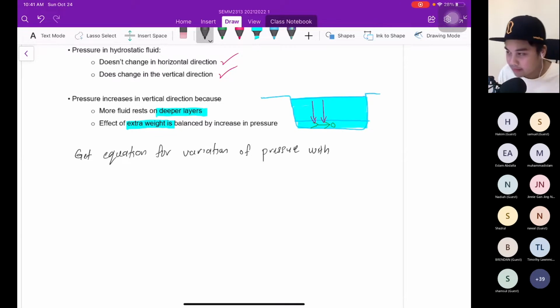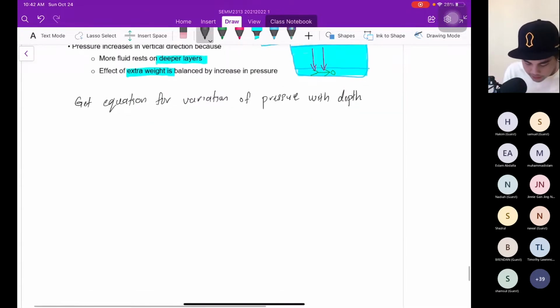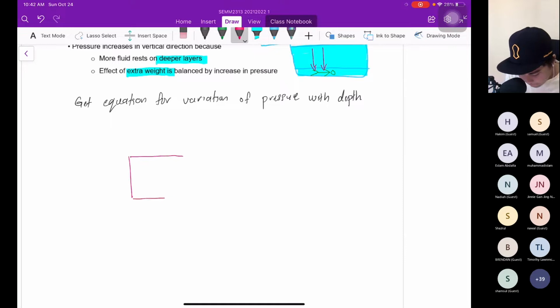That means the pressure relates to the depth. Okay, so let's say we have a cube element. Now we are playing with the cube element.